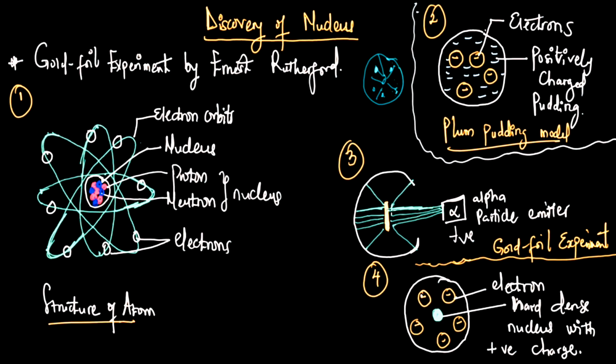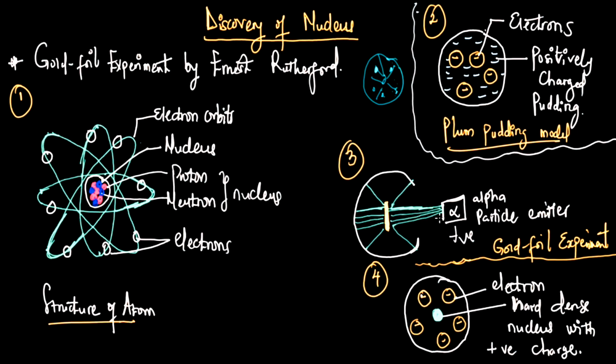But then they noticed that some of these alpha particles were also reflected. Some were reflected and some were deflected as well. This indicates that probably a hard, dense substance is inside of the atom. From the Plum Pudding Model, the atom was considered to be empty space that has just electrons within it.